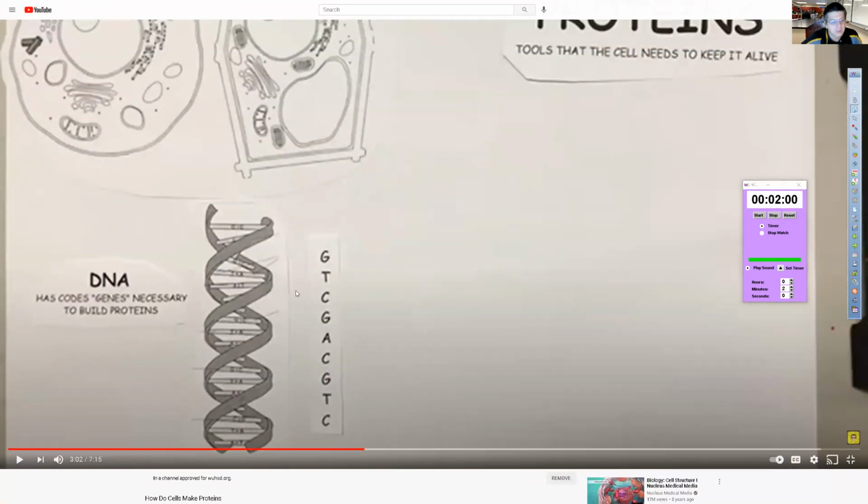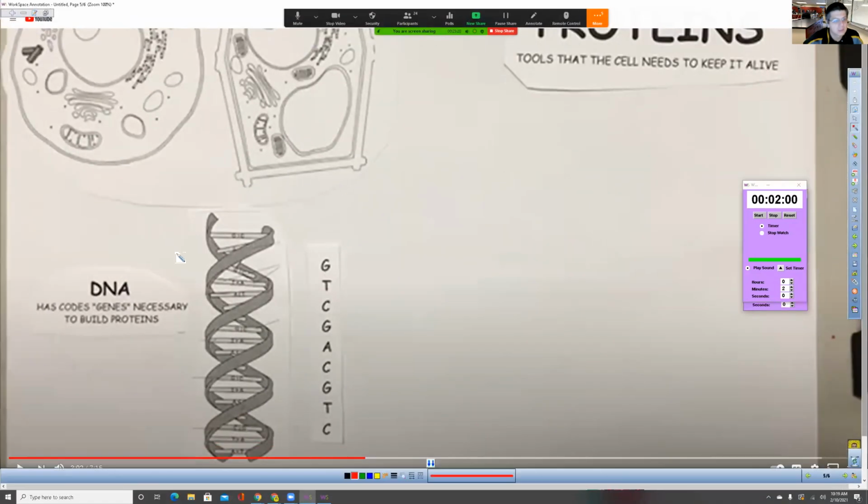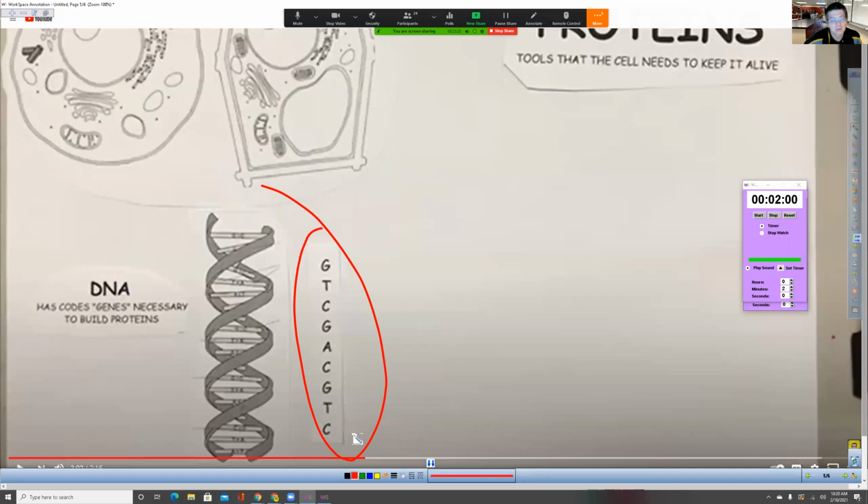So what is this piece right here? What is this piece right here? Let's go with somebody random. Okay, so Ariana, tell me what this thing is right here again, one more time. What's this thing right here? A DNA.